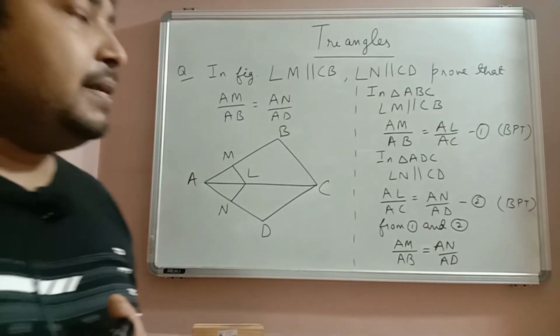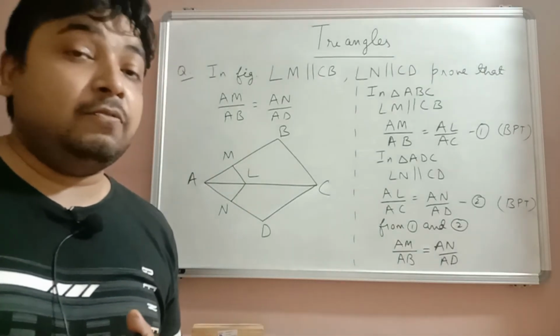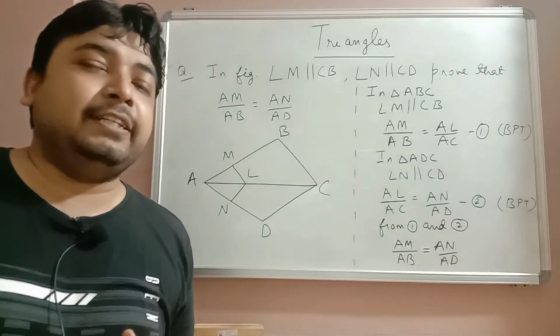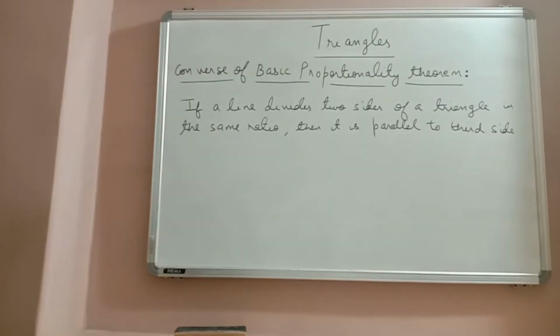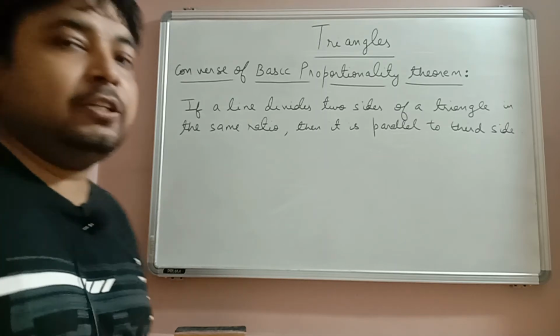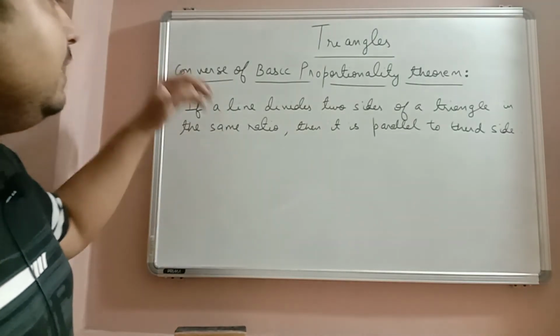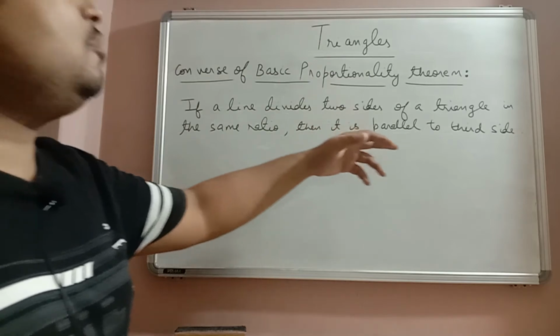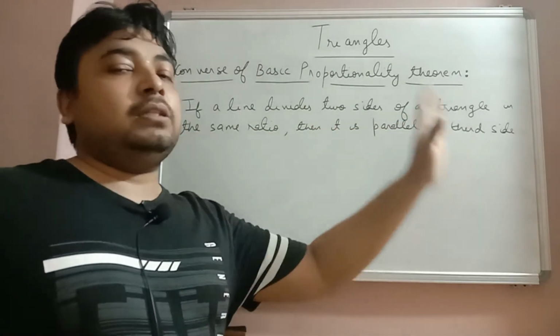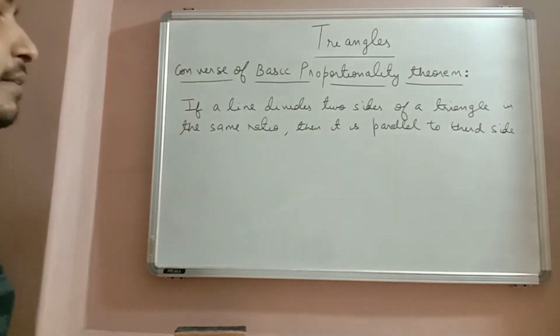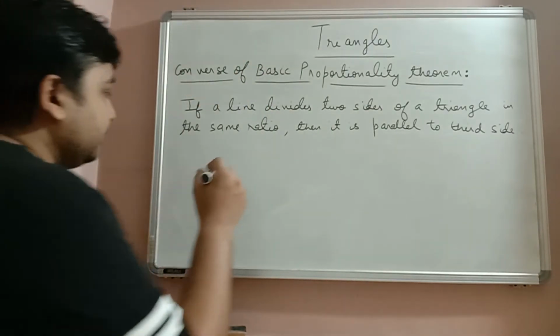Now let's take up another important theorem, that is the converse of basic proportionality theorem. The converse of basic proportionality theorem states that if a line divides two sides of a triangle in the same ratio, then it is parallel to the third side. Let's understand this with the help of a figure.